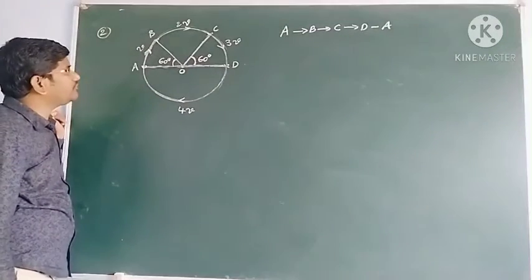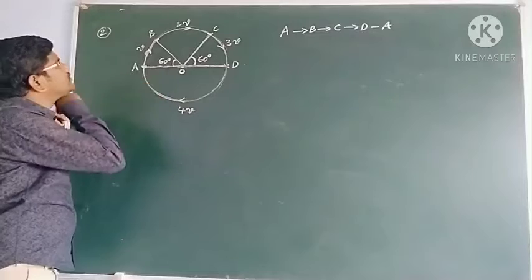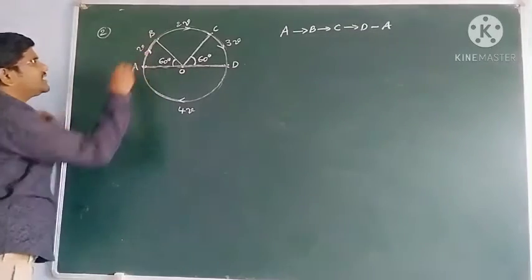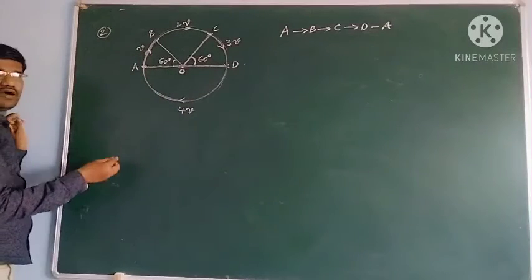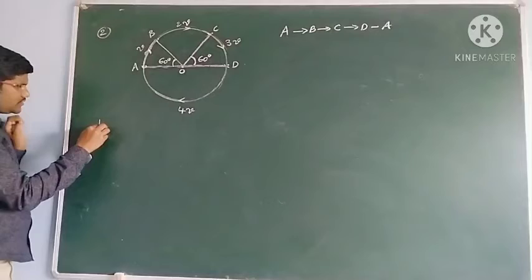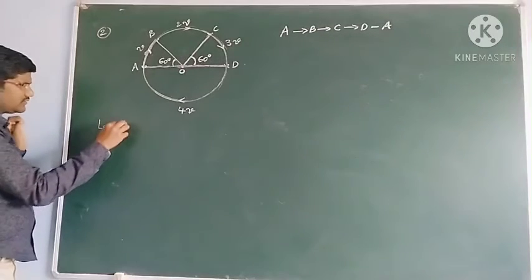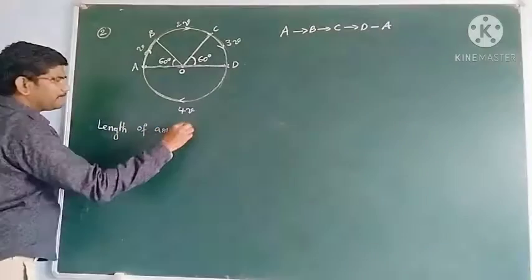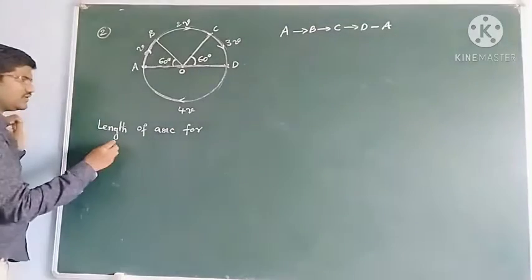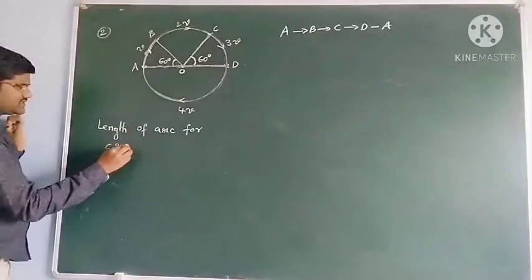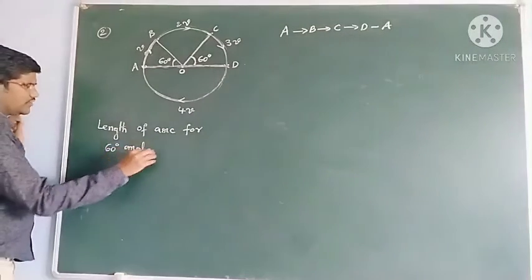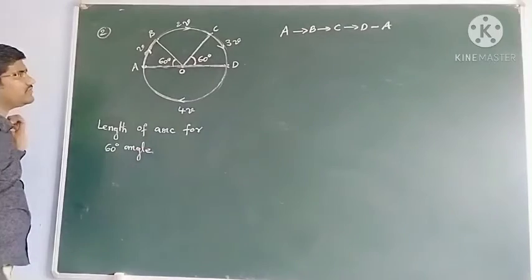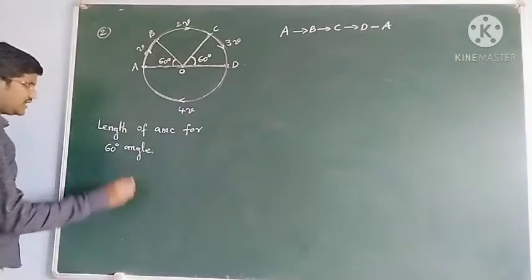So now we have to find the length of arc for 60 degrees angle. So that is called AB.